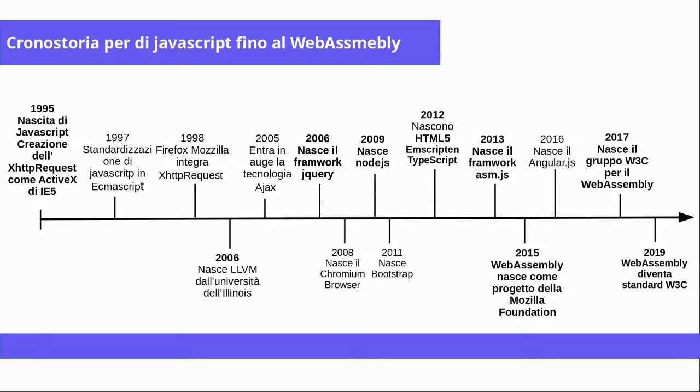In 2005, Ajax became an official and most important technology on the web, born from XHTTP requests. And in 2006, the famous framework jQuery was born. We used it for years. In 2008, we have the Chromium browser and the new technology of Chrome.